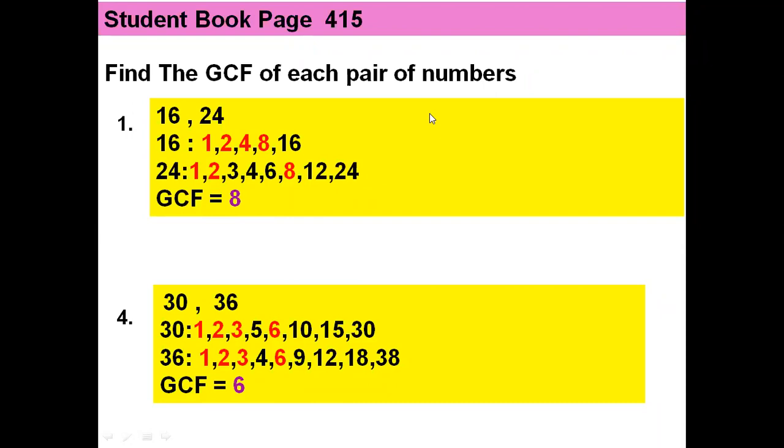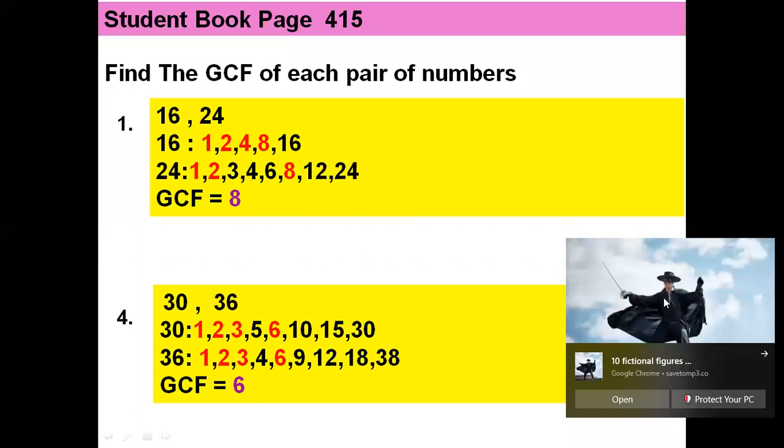Question 4, 30. 1 times 30. 2 times what equals 30? 2 times 15 is 30. 3 times 10 is 30. 5, no. 6 times 5. Yes. Thank you.